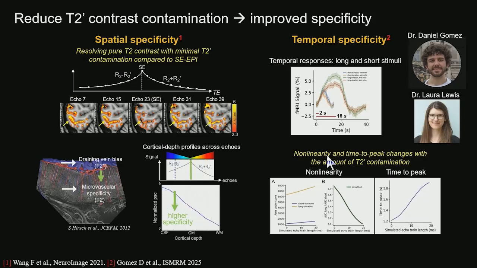They've been seeing that the nonlinearity and the time to peak change with the amount of T2 prime contamination, with the pure spin echo resulting in the fastest time to peak as well as the highest linearity. This removal of T2 prime contamination, which I'm showing here in the T2 BOLD, can also potentially be applied to other contrasts as well, including ASL and basal.